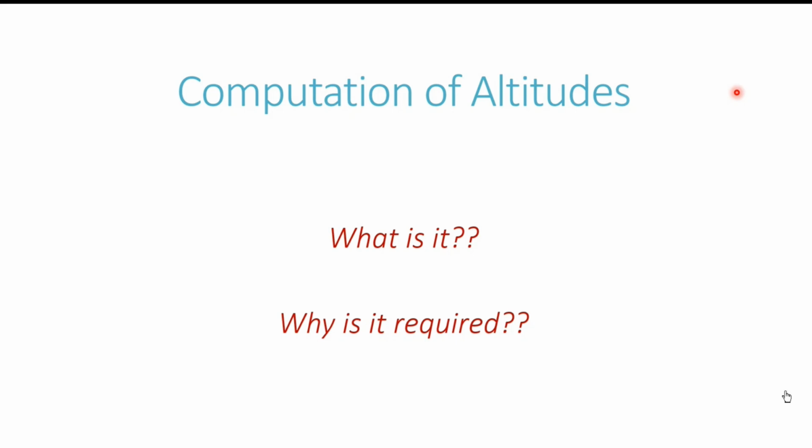And as soon as the body was visible to us through a break in clouds, the sun or the star, you were able to get the altitude of the body quickly, and that would help you to fix the position of the ship. This was the aim, the need, the purpose of computing the altitude of the celestial body beforehand and then taking the site quickly to fix the position of the ship even in cloudy conditions. So this is the theory or the need behind this computation of altitude method.